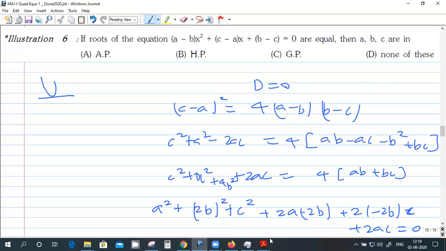So you can see the pattern, right? It is (A minus 2B plus C) whole square equal to 0. Okay, so from that you get 2B equal to A plus C. So that means it's in AP. So this is the important step.